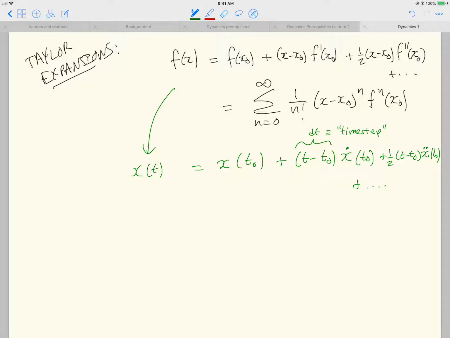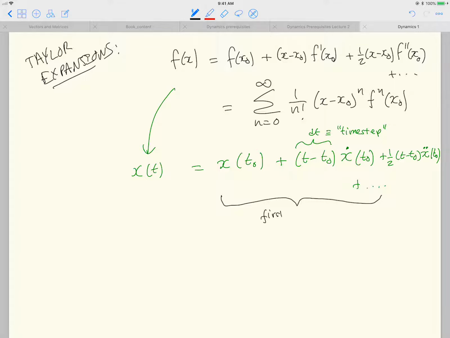And we've already used an approximation like this. When we were proving the chain rule and the product rule, we were using an approximation exactly like this. And you will remember that the more terms you take, the better your approximation. So in class, we're going to use just the first order approximation, meaning we're going to take x of t naught and its first derivative.